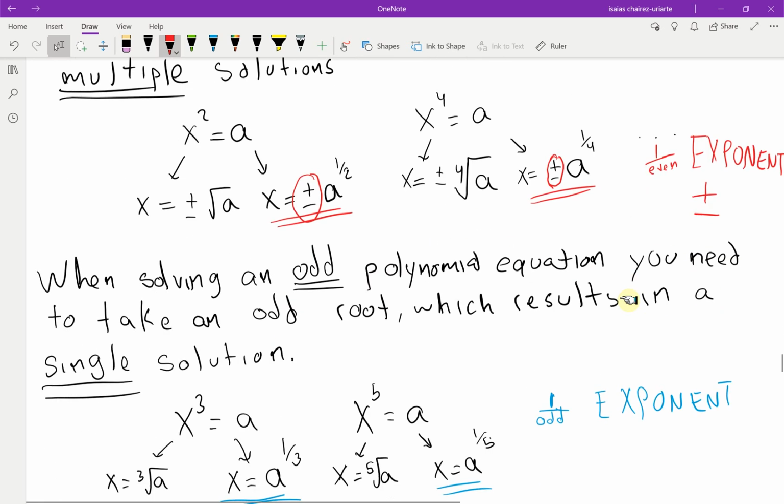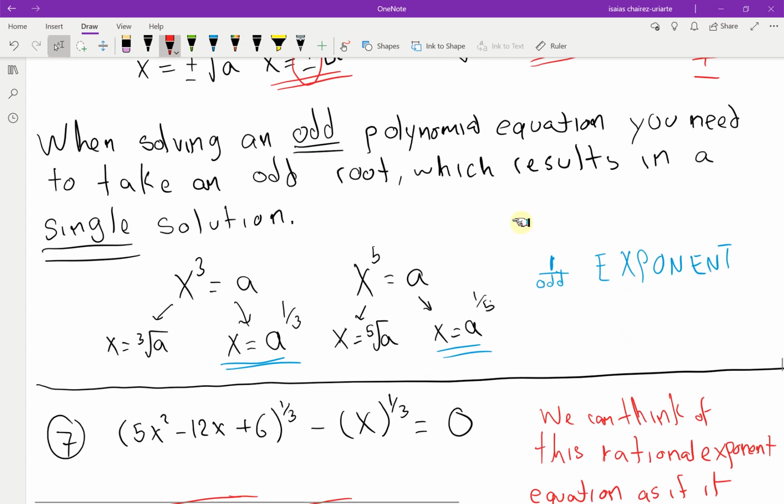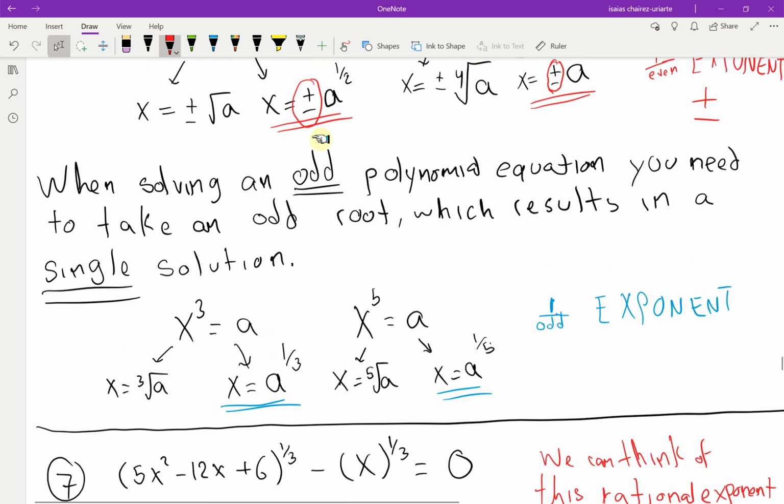Now, if you're solving an odd polynomial equation, you need to take an odd root, and this results in just a single solution. For example, I have the equation x cubed equals a. To solve that equation, it's just the cube root of a, or a to the 1/3. Notice here that there's no plus or minus. Over here with the even ones, there's the plus or minus.